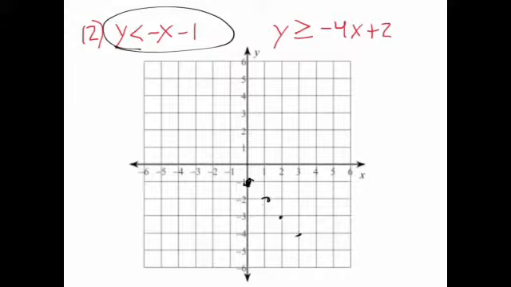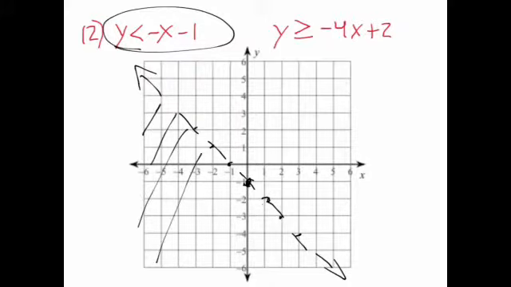And you can go the other way, up 1, left 1. And it looks like that. And this one is not equal to, so I'm going to do a dashed line for this one. And it looks like that. And since it says less than, I'm going to be shading down below my graph. So I'm going to shade this away.